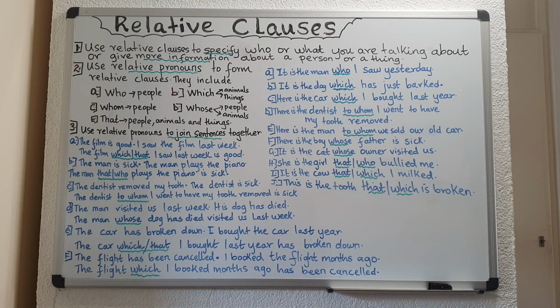Our mouth is full of teeth, so you want to be very specific so that the dentist does not remove the wrong tooth. So you would use the relative clause: this is the tooth which is broken.